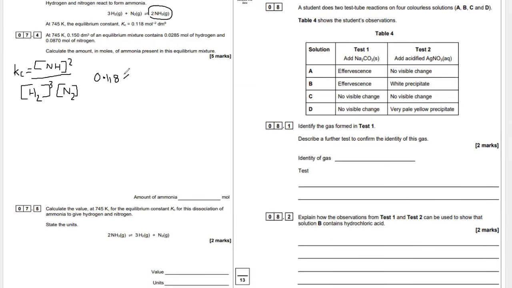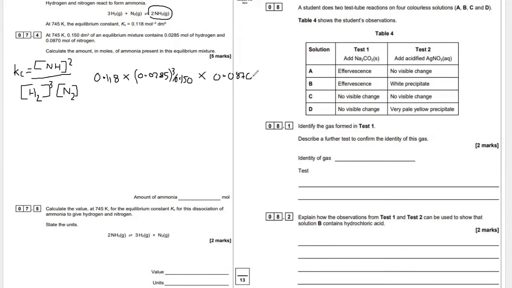and I'm going to multiply that by 0.0285 cubed, divided by 0.150. I could have done that separately, times 0.0870.